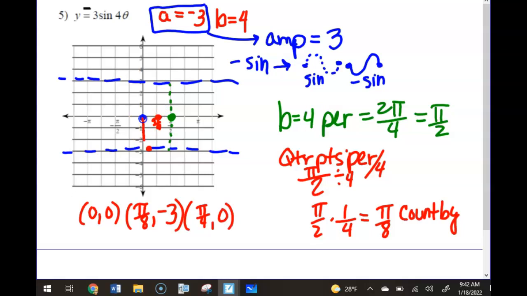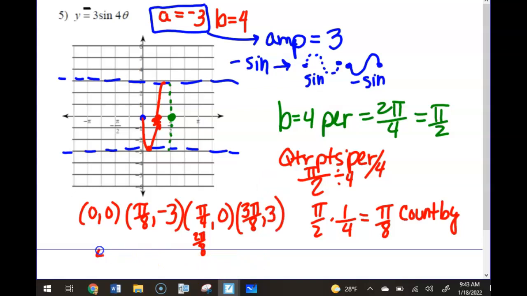So we have a very skinny little whoop, okay? And then the next one is a maximum. Now we're counting by pi over 8s. We had 1 pi over 8. This was 2 pi over 8 before we reduced it. The next one would be 3 pi over 8. And that one is clear up at 3.